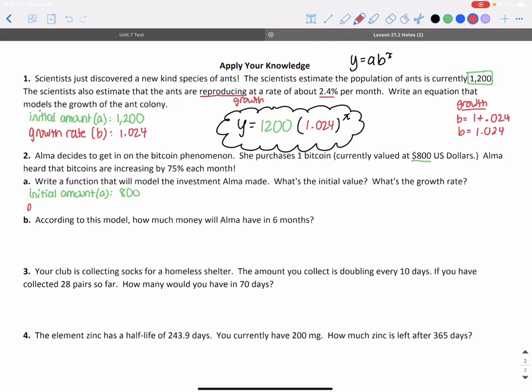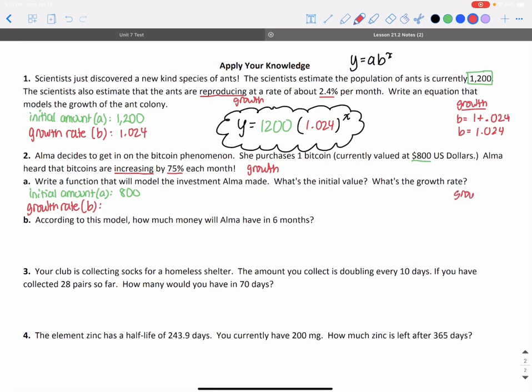And then I know that the growth rate, which is b, depends on whether it's increasing or decreasing. Bitcoin is increasing, ridiculously. It says increasing, so I know this is growth and not decay. And then it is by 75% each month.